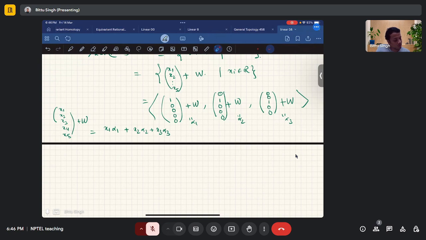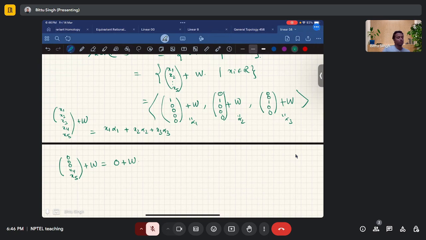Actually, those will be inside this W. Okay, so those two look different, but those kinds of elements 0 0 0 x4 x5 are actually 0. This is actually 0 in the quotient space.